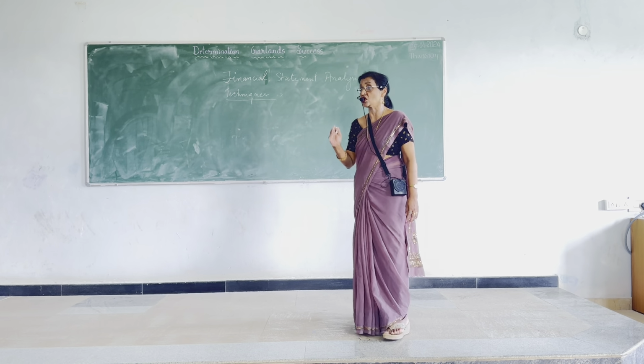Common size refers to the common measure. So you take 1 year's balance sheet, only 1 year's balance sheet. Vertically you consider the various items in the balance sheet and measure each item with the total of the balance sheet. So the common measure for a common size balance sheet is the total.